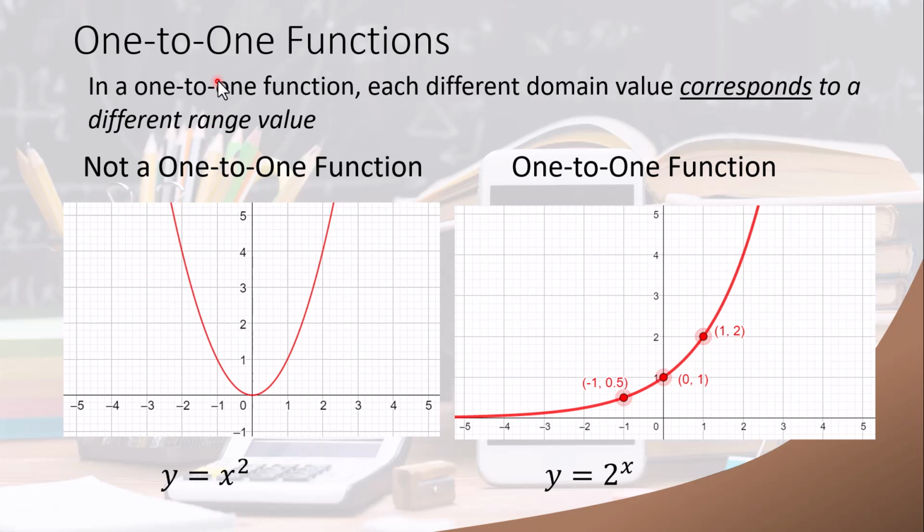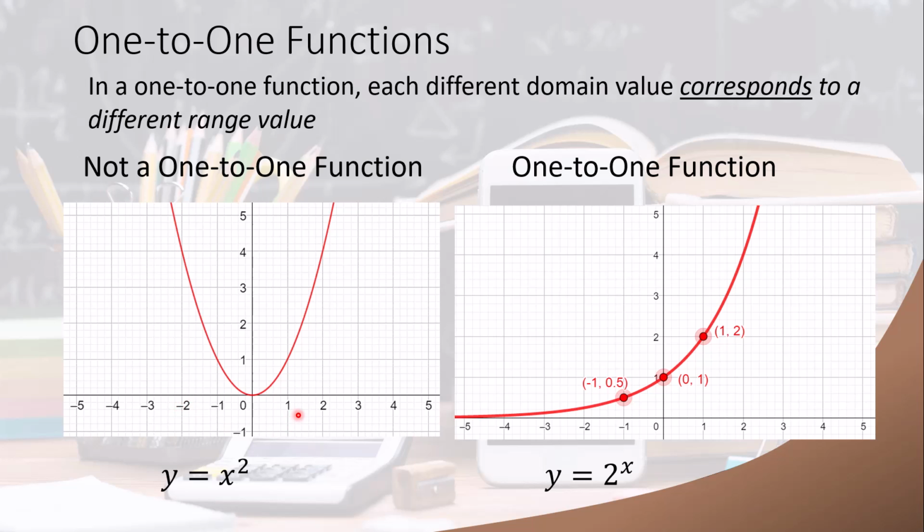A one-to-one function is that function where each different domain value, or each different x value, corresponds to a different range value, or a different y value. Or, like I said before, where each different x value produces a different y value. Of course, this function right here on the left is the square function. This is not one-to-one because there are two values of x which will produce the exact same value of y.